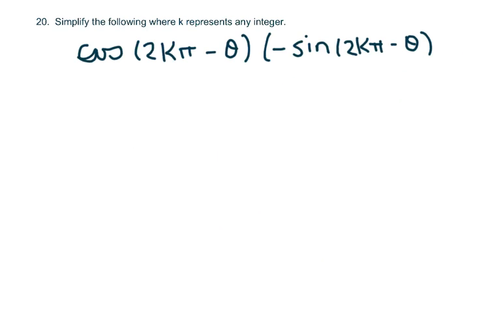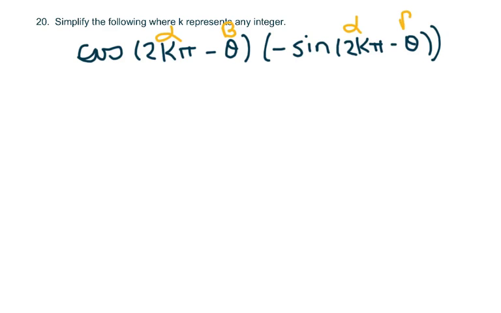Alright? The next one looks really scary to me. Basically what I did is I used the sum and difference formulas for this. So I'm treating this as my alpha and my beta.